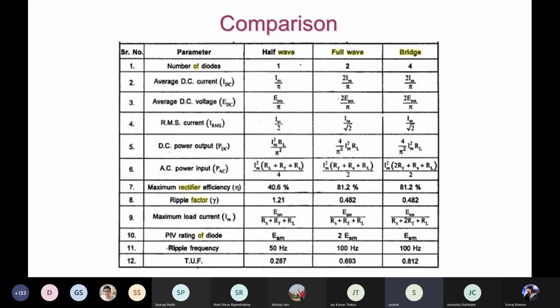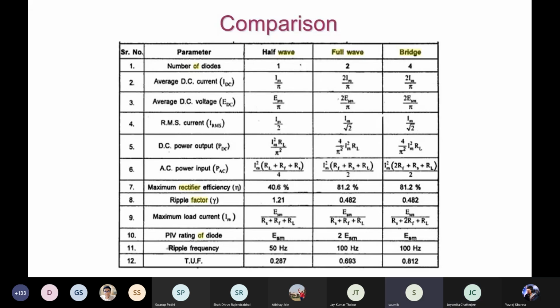You have to calculate the DC power, but also the effective VA rating of the transformer. That will change for your center tap circuit compared to the bridge rectifier, because of the way you are connecting the circuit.